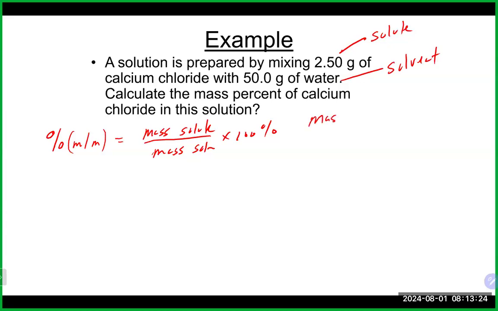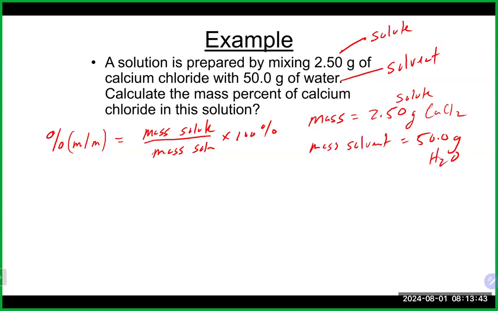So a reminder, as we talked about the first time we went through this problem, 2.5 grams of calcium chloride is our solute, and the mass of our solvent would be our 50.0 grams of water.